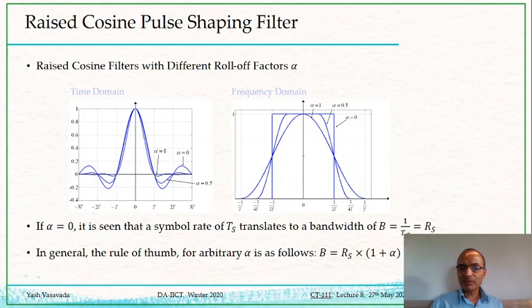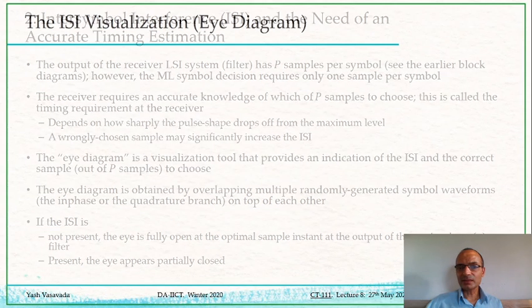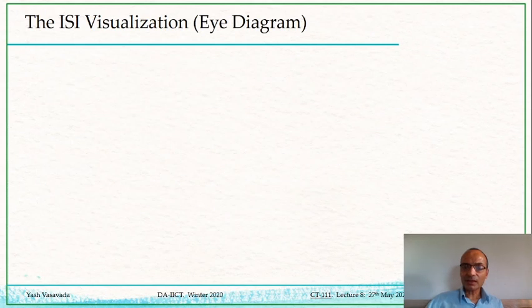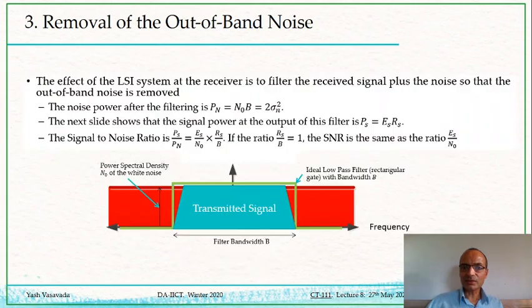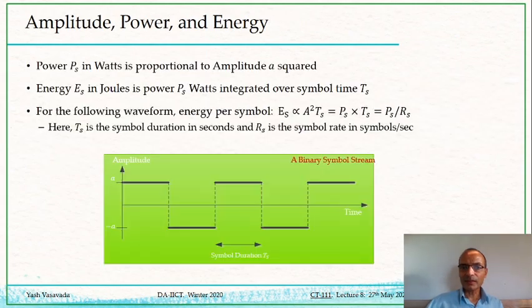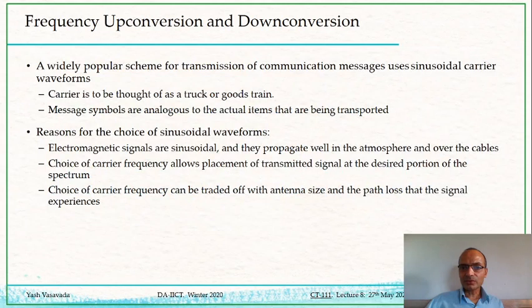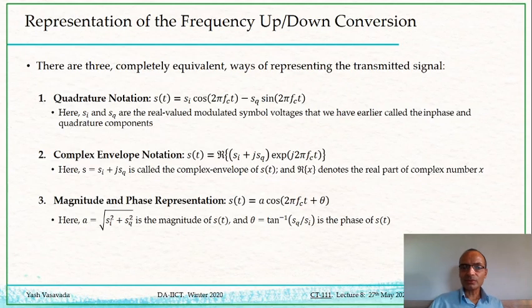But the main point is that the complex signal is centered at 0 hertz. The frequency occupancy has a width of Rs times 1 plus alpha, but the center is at 0 hertz. So this signal, that is why it is called a signal at baseband. Baseband meaning centered at 0 hertz.